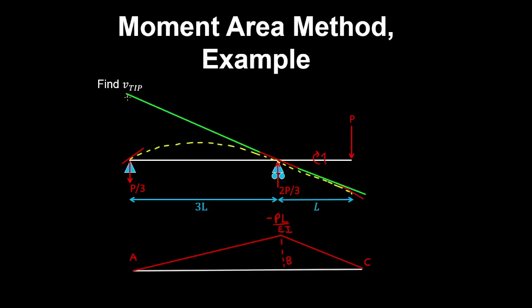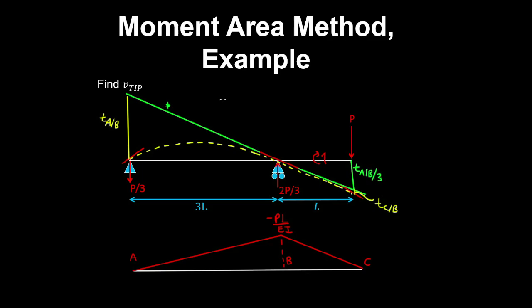So this distance is the tangent at A relative to B, and this distance here is the tangent at C relative to B. And by similar triangles, this triangle here has a length 3L, and this triangle here has a length of L. So by similar triangles, this distance here is a tangent at A relative to B on 3.